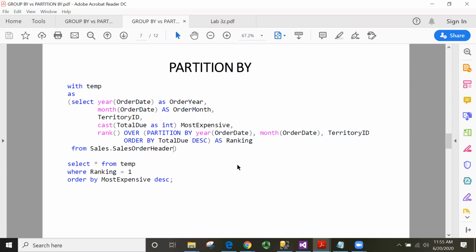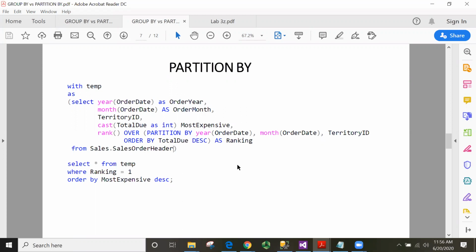Okay, but just keep in mind, if you want to find out the best thing, like the top performer or the worst performer, the extreme, in different groups, in different partitions, then this is the best way.